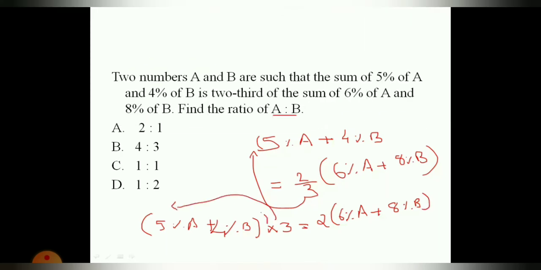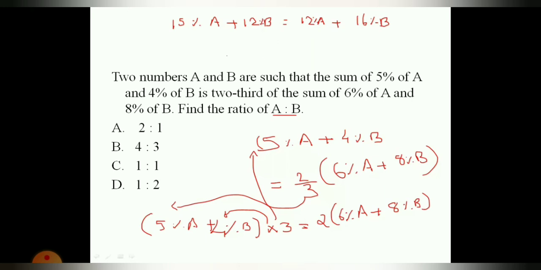So now 3 into 5 is equal to 15% of A plus 4 into 3, 12% of B, equal to, on the right side, 2 into 6, 12% of A plus 2 into 8, 16% of B.